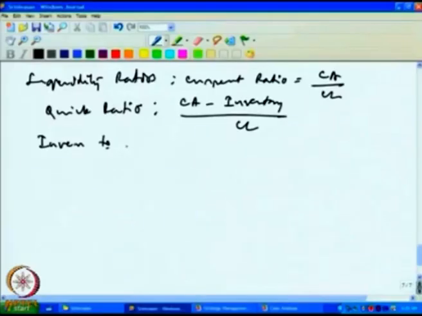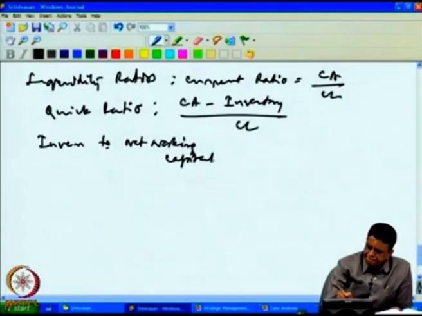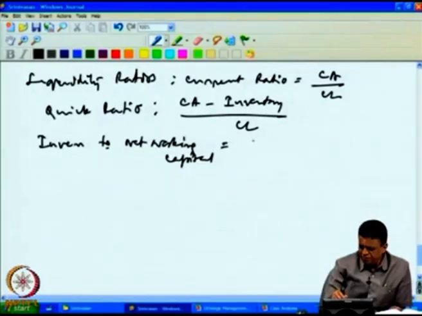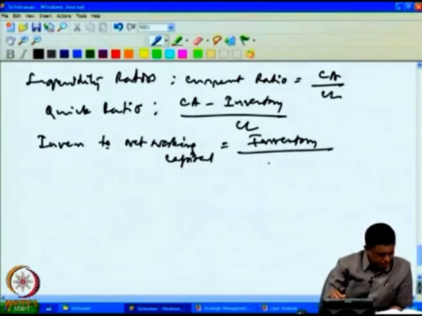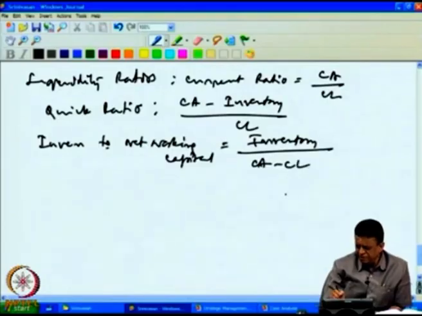Then the inventory to net working capital. Net working capital, this is calculated by inventory divided by current assets minus current liabilities.